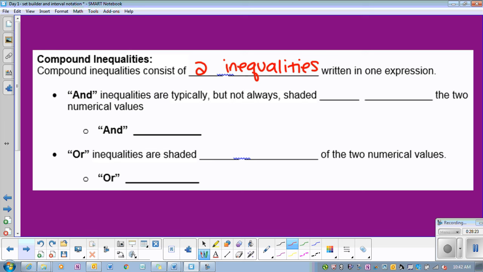All right, so you have an and inequality, and this is the between, right? And inequalities are typically shaded in between the two numbers, just like the last one that we did. I'll tell you what that in thing means too.